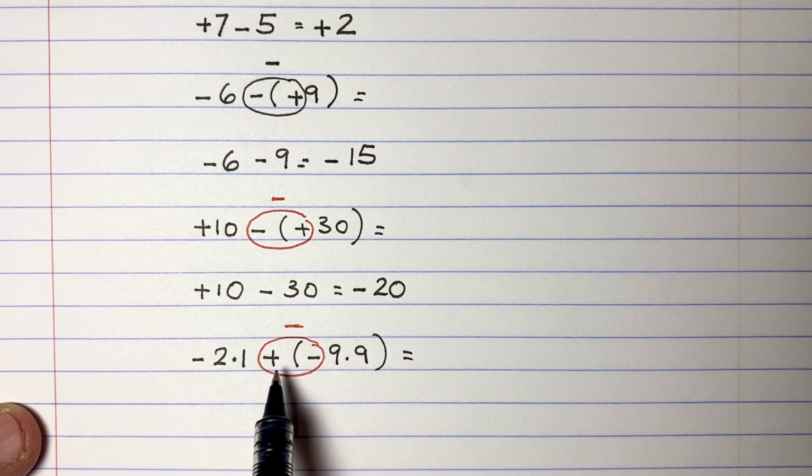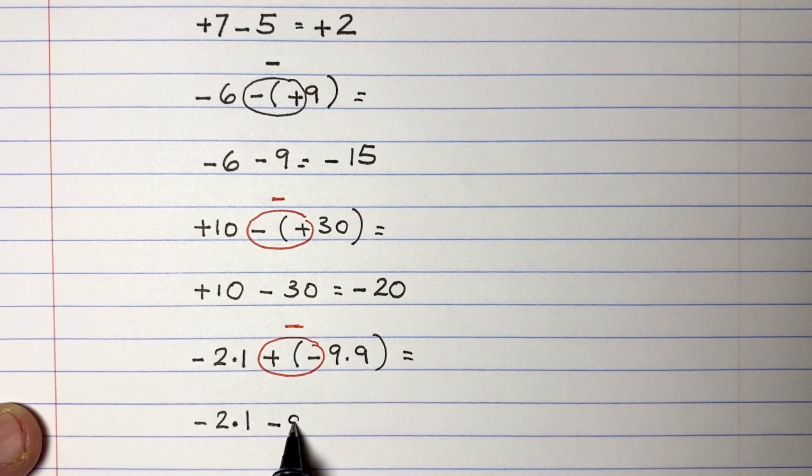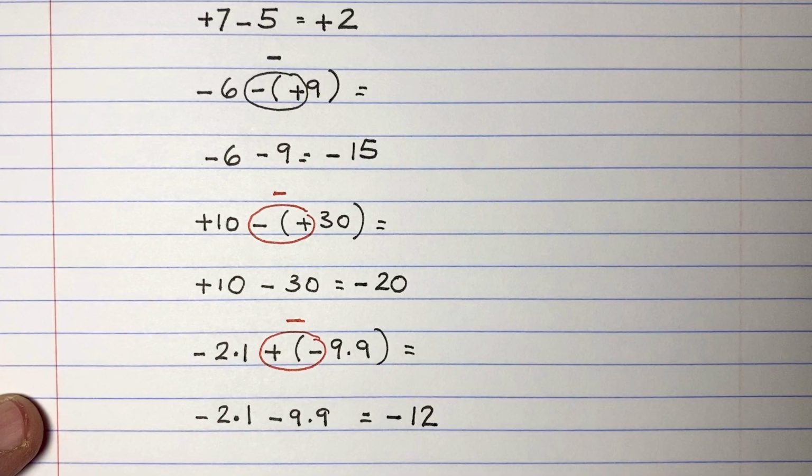When two signs follow, there is an invisible multiplication sign. So if you have minus 2.1 minus 9.9, which is going to give me 12. 2.1 and 9.9 give me 12. 9.9 is a bigger digit, is negative, so the answer is going to be negative.